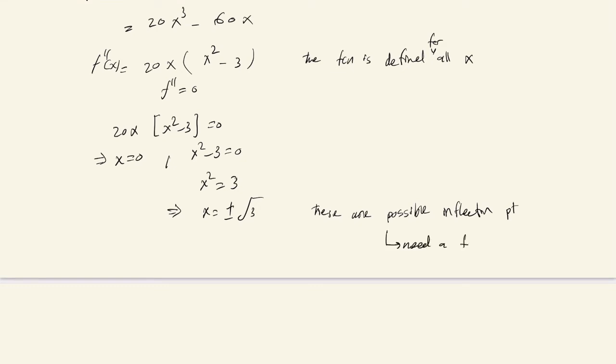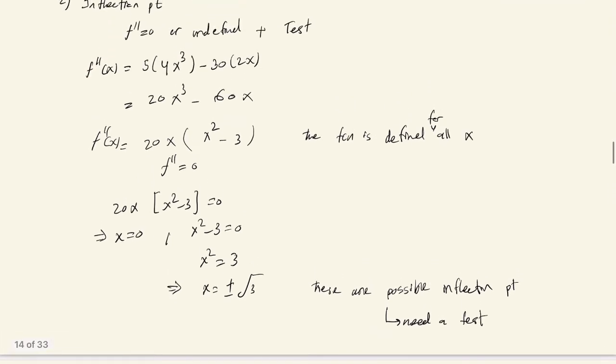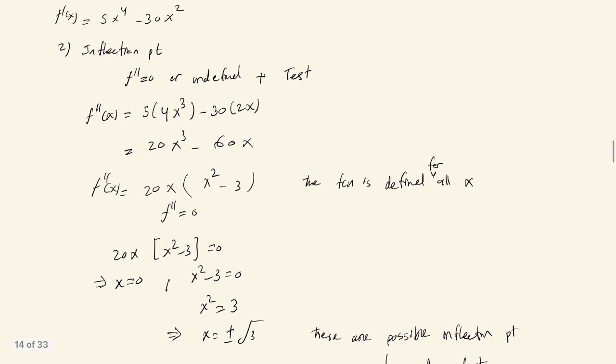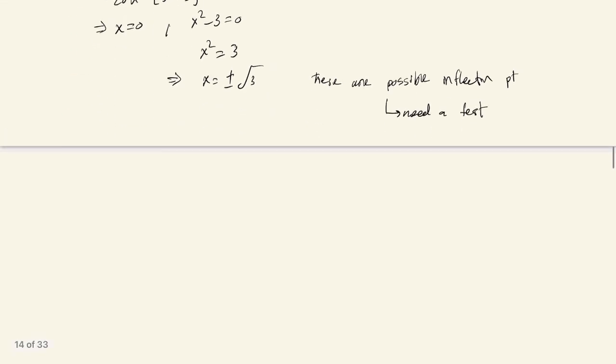So now, to confirm they are inflection points, what we want to do is the test. So I'm going to take the second derivative, and our possible inflection points are again 0 and plus and minus square root of 3.